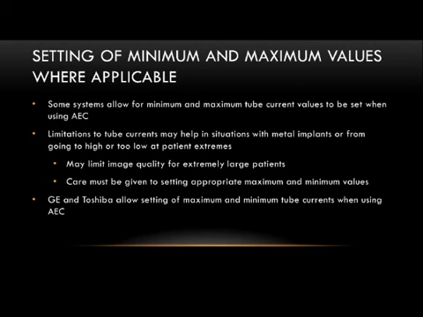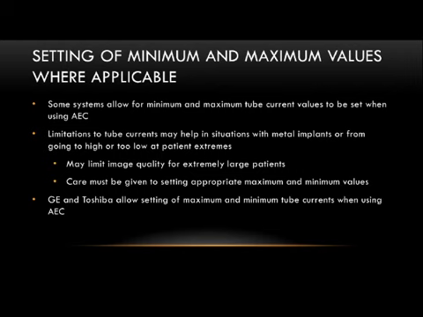Again, same thing with minimums. I think as you get to really small patients, some of the tube current modulation can get more difficult. Some vendors don't recommend implementing tube current modulation on pediatric patients just because the small size can make things difficult. So you can also set a minimum if you say you could go down to a really thin waist, for instance, and you don't want it to go below 100 mA.